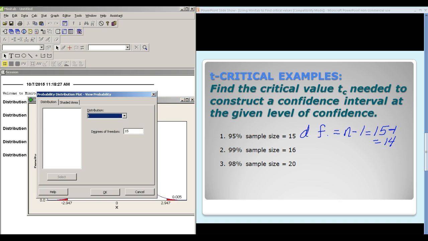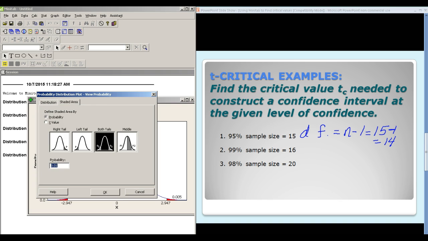Let's finish this off. We have 98% with a sample size of 20. So our degrees of freedom here would be 19. Our shaded area, and we need to enter in the probability of 0.02 because 100% minus 98% is 2%, and that written as a decimal is 0.02.